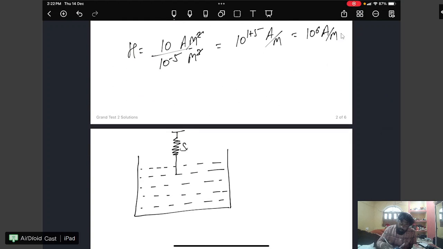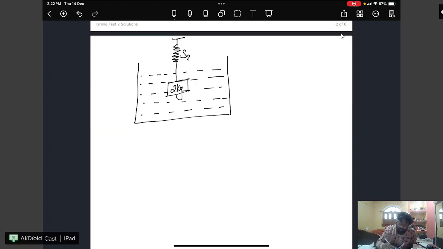S2 is connected to the body of mass 2 kg, and this beaker is connected to spring S1.